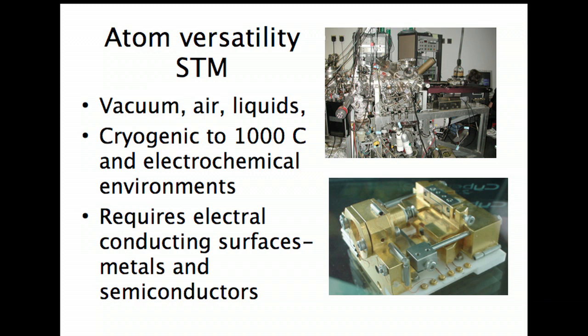And also in environments like a battery environment, that's called an electrochemical environment. But it did require that the surface be electrically conducting. That meant it was somewhat limited to metals and semiconductors like silicon. However, if you put a molecule on the surface and it's a conducting surface, you could also image it.